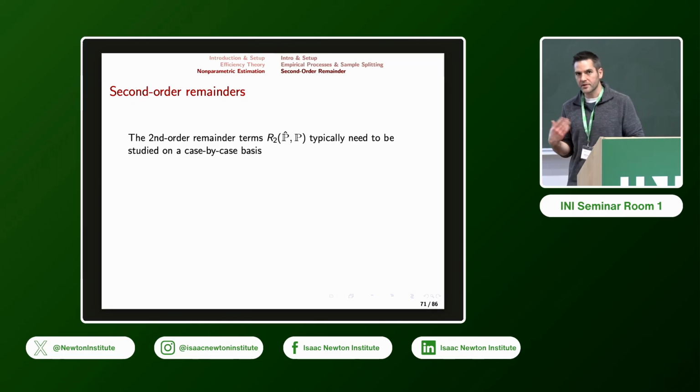And then I think the really interesting piece, which is separate from sample splitting, I think sometimes people often get confused about the role of sample splitting versus the actual estimator when using these double machine learning, double robust, semi-parametric methods. But to me, these are separate. The sample splitting helps you kill off this empirical process term.